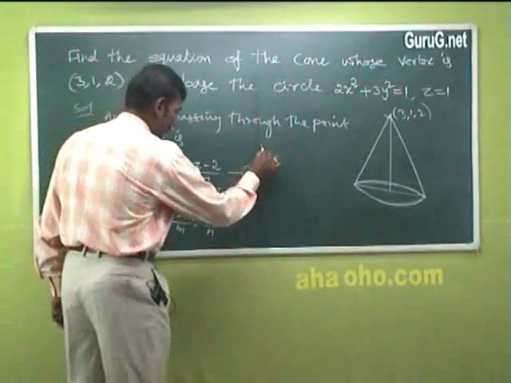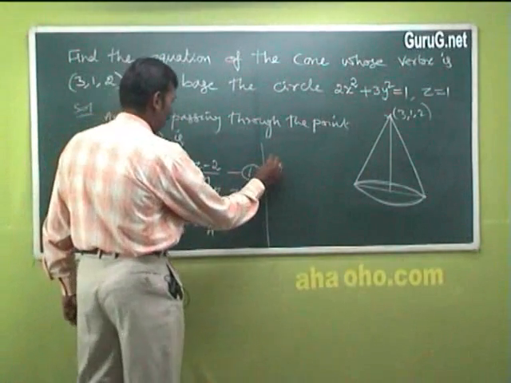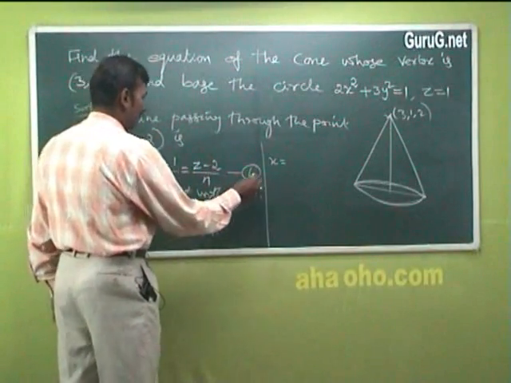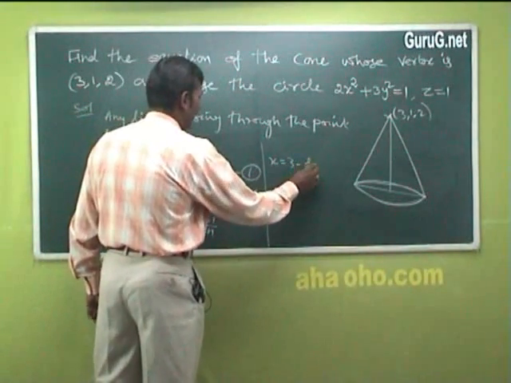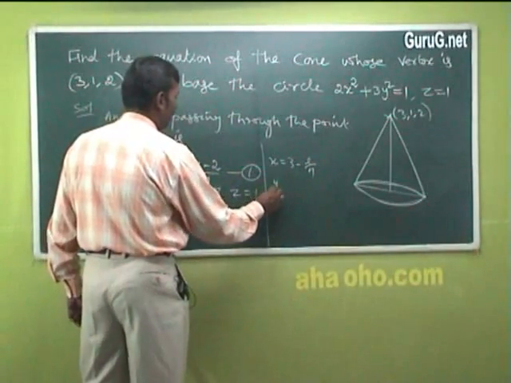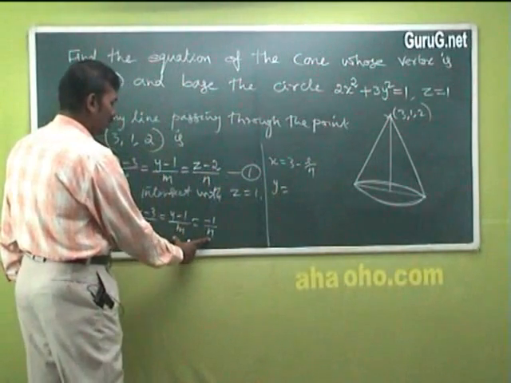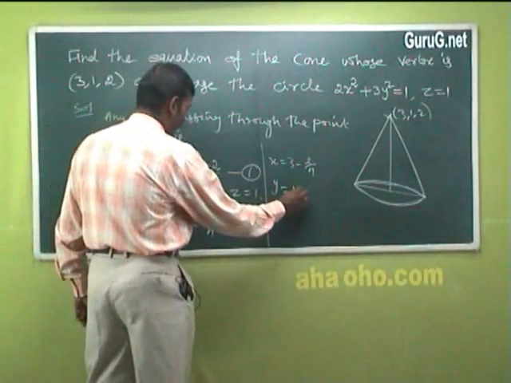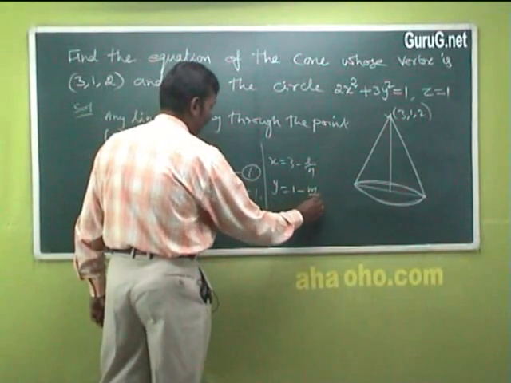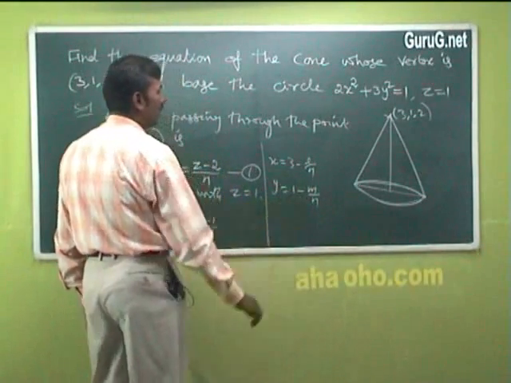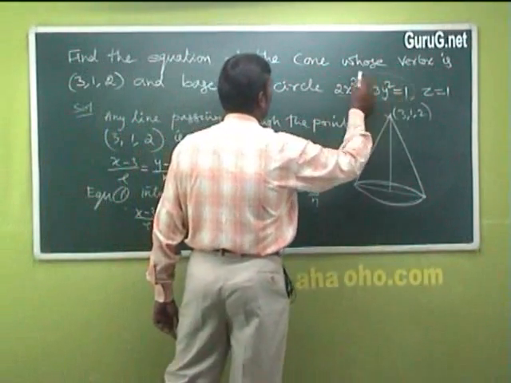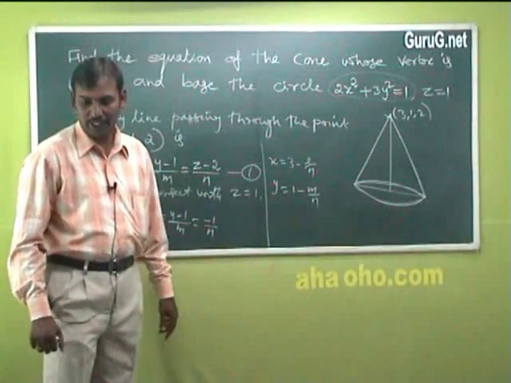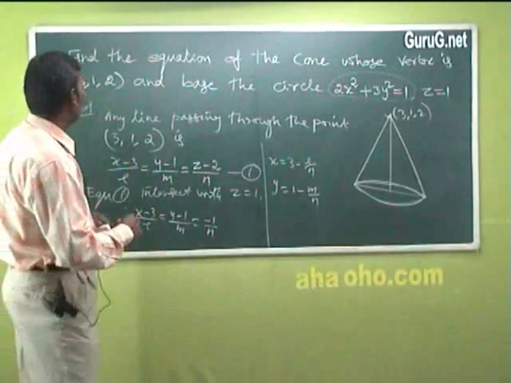What is x? x equal to 3 minus L by N, and y equal to 1 minus M by N, right? We substitute these values in this equation of the circle 2x square plus 3y squared equal to 1. What will we get?